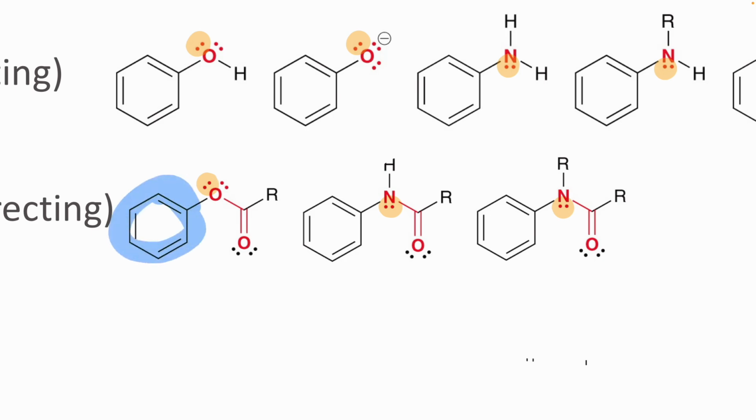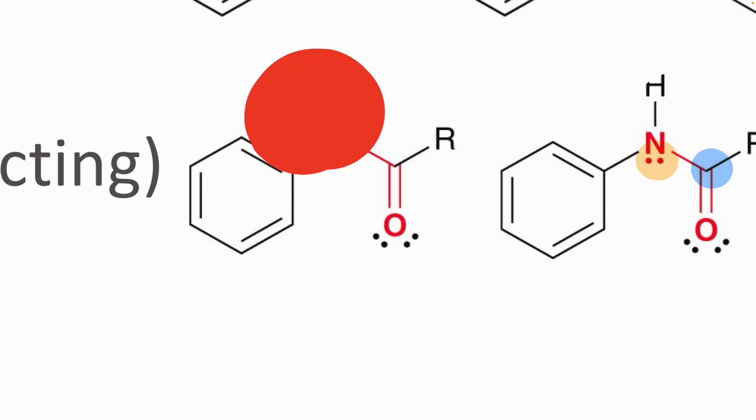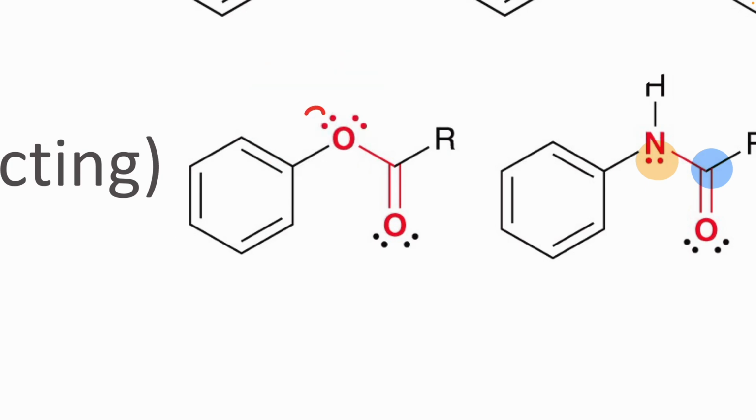On the left, I have my benzene ring. What do I have on the right, connected to those heteroatoms? A carbonyl carbon. And remember, those carbonyl carbons are electron withdrawing groups. So for these structures, you can draw resonance structures where they're donating pairs of electrons to the ring.